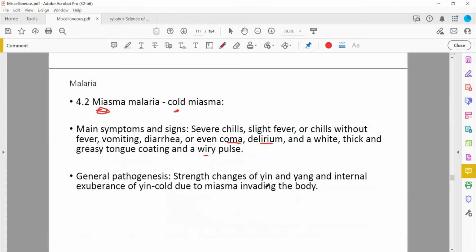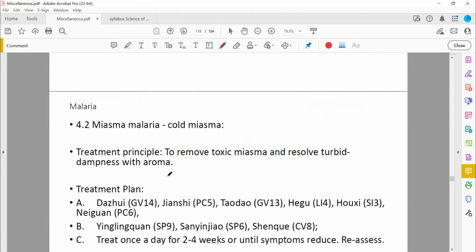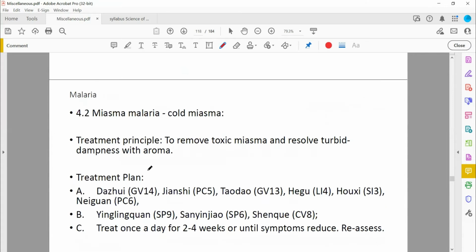Strength changes of yin and yang and internal exuberance of yin cold due to miasma invading the body. So we need to remove the toxic miasma and resolve turbid dampness with aroma. Use the basic points, and use SP9, SP6, and CV8.